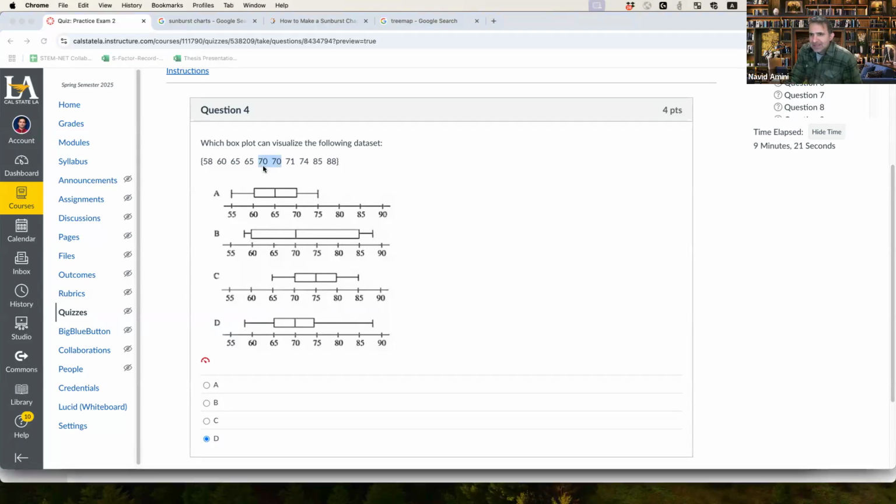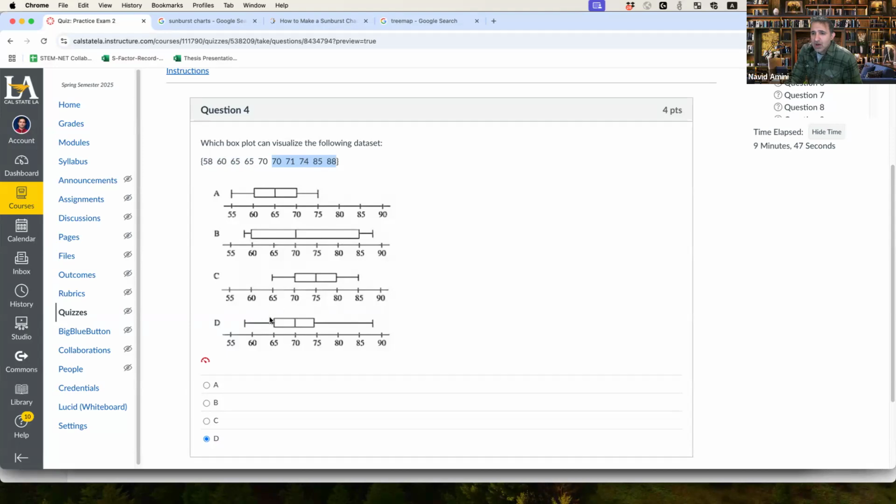So what Alan is saying is the median is 70 because the median is the average of these two. So with that, we rule out this one and this one. We are left with B and D. Now let's look at the median of the first half. The median of the first half is what? It's 65. Let's then look at the median of the second half. It's 74.